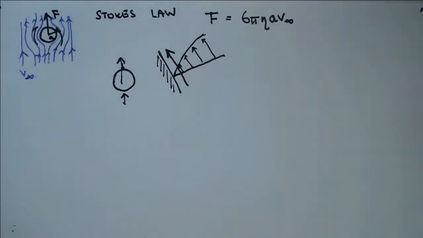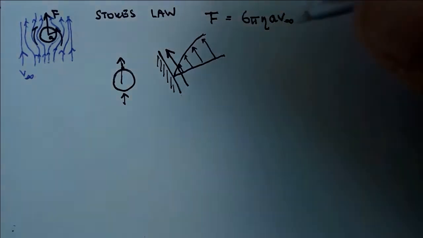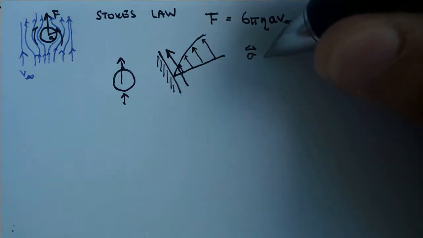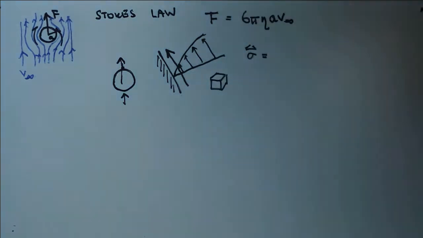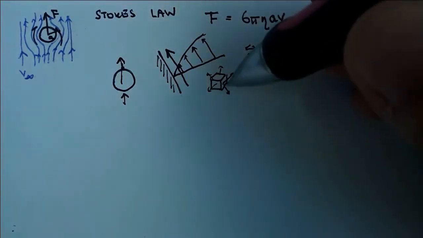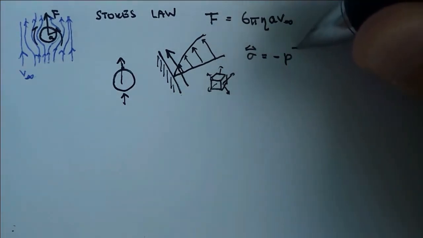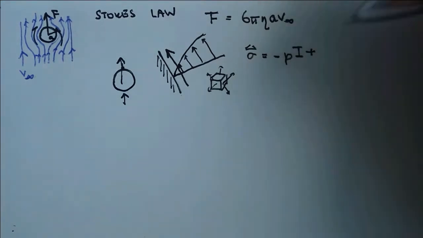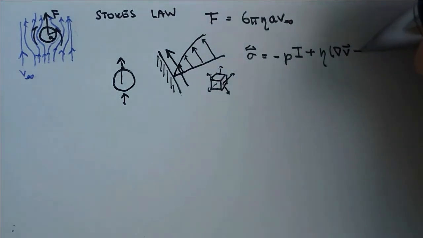Well, let's begin to derive the Stokes drag formula. We shall begin with the constitutive equation. Maybe you are familiar with it. If we imagine an elementary cube of a fluid, then there are forces acting on the little surfaces, and these forces can be described by the stress tensor, which in the case of fluids is minus the pressure times the identity matrix plus eta, which is dynamic viscosity, times the gradient of the velocity field plus gradient v transposed.